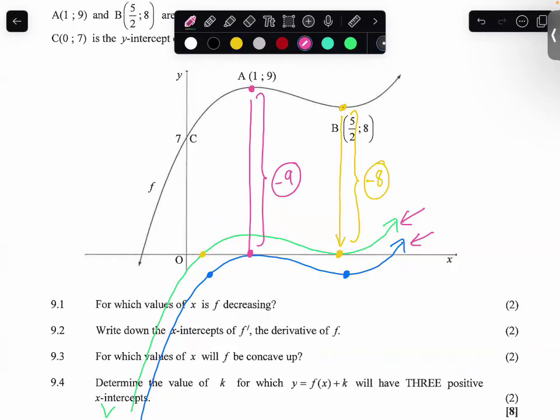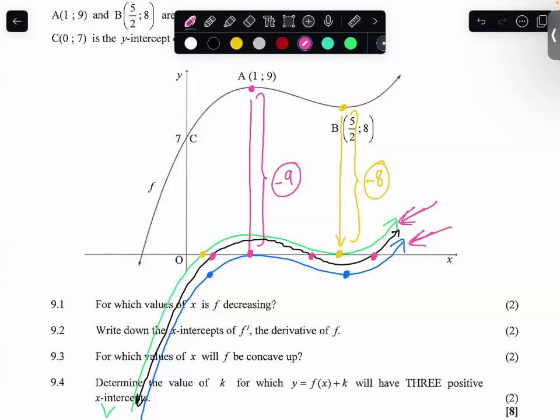What did I just say? Any graph that is drawn between these 2 graphs, the blue and the green, will have 3 distinct positive x-intercepts. Let's test that out. If I were to draw a graph between the blue and the green, it will have 3 positive x-intercepts.